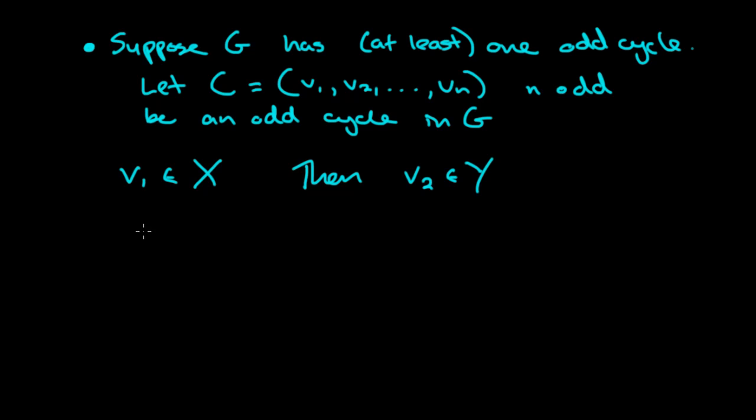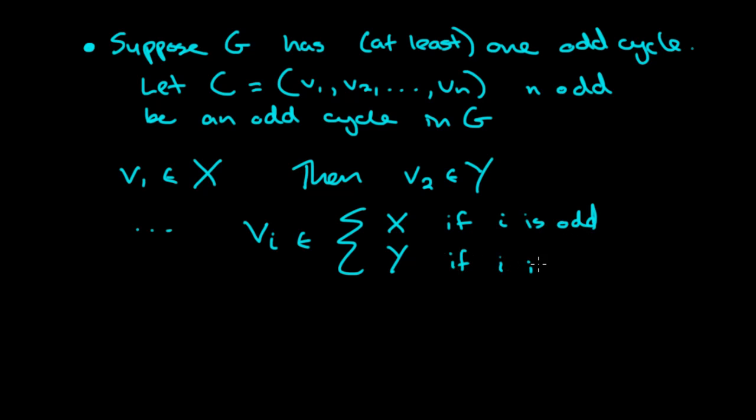Doesn't matter. But what this tells us is that in general, vi will be in either X or Y, depending on if i is odd or if i is even. But now that means that vn is going to be in X because n is odd. Right up here we know that n is odd.